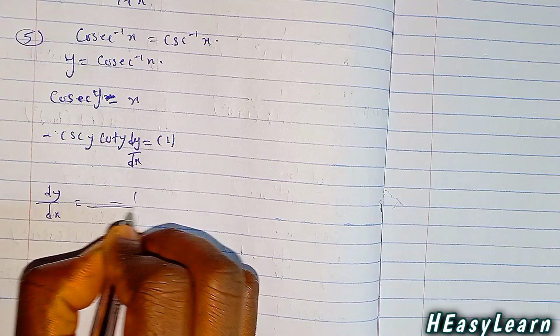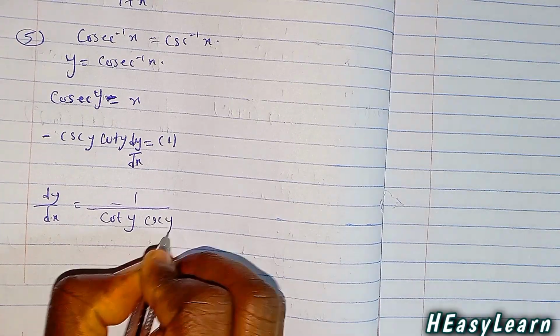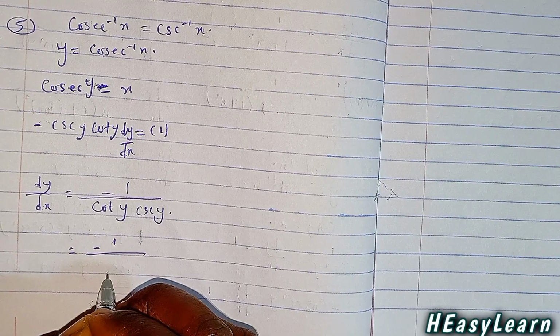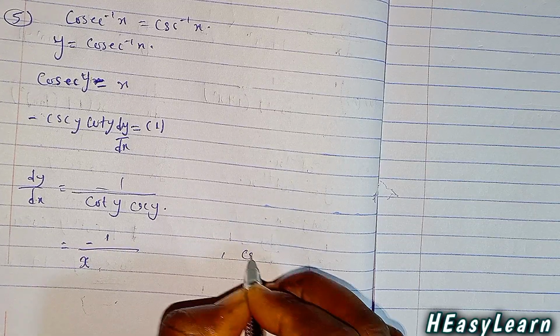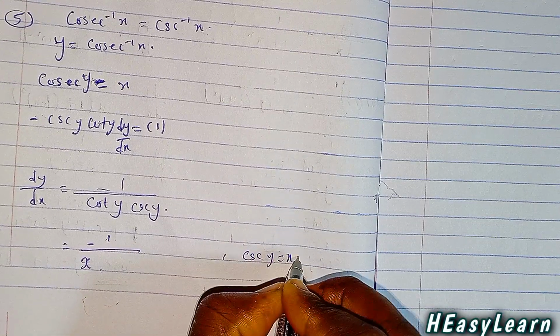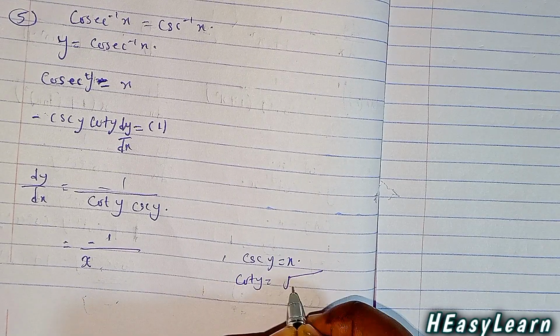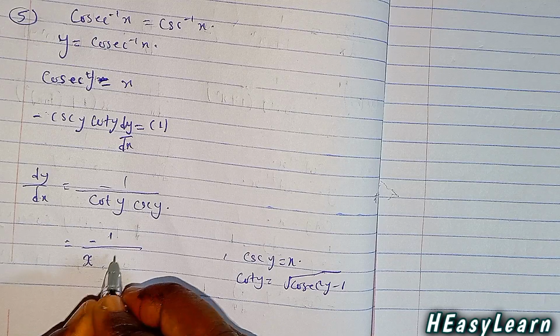This is the same thing as minus 1 over cot y cosec y. So this is the same thing as minus 1 over x, since from above, cosec y is equal to x. Cot y is equal to the square root of cosec square y minus 1 from the trig identity.